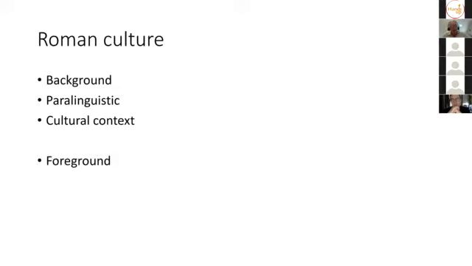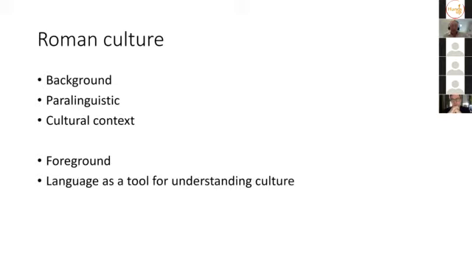Maybe we should be thinking of culture not as the background, but the foreground, rather than sitting alongside the language. Maybe we should think of the language as a way into the culture, so that, if you like, the language is support for understanding culture.